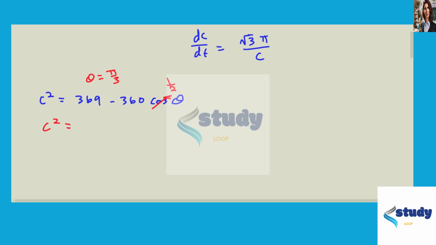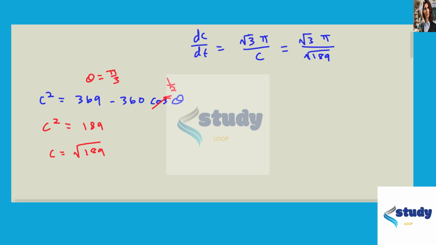So 369 minus 180 is 189. And then we just take the square root on each side. So we get c is root 189. So then we can come over here and plug that in. All right, so this would be root 3 pi over root 189.